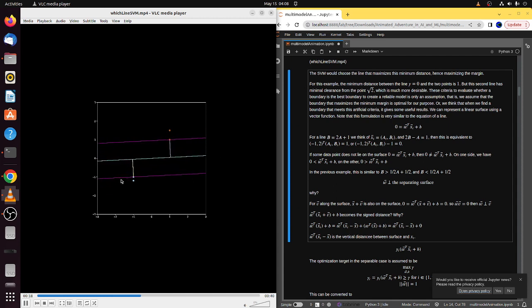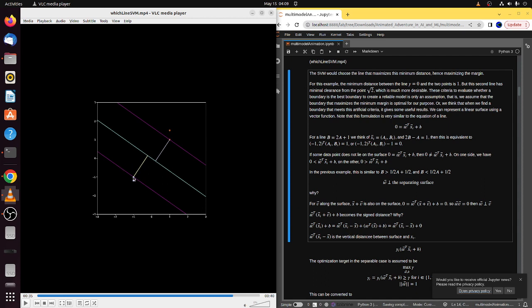But if you think further, if you want to build a model and calculate one result, which line would you prefer to choose? One normal way is to maximize the distance between the nearest blue points to the separator and the nearest red point to the separator.